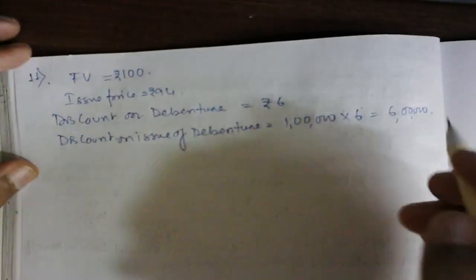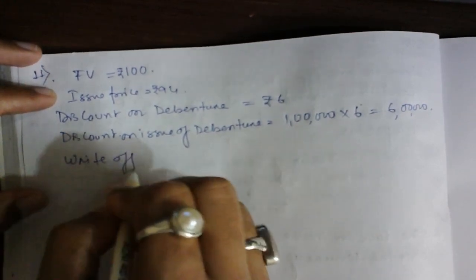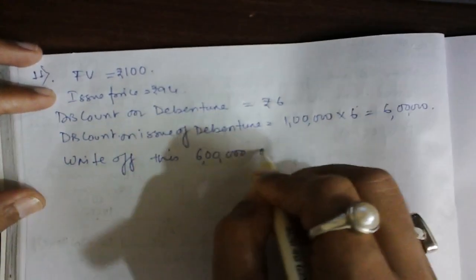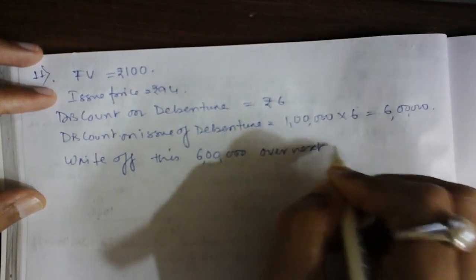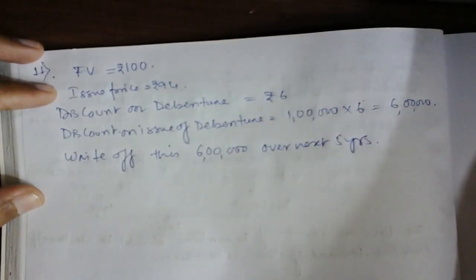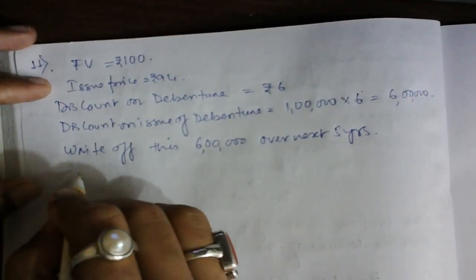Okay, so we have to write off these 6 lakh rupees over the next 5 years. Correct, over the next 5 years we need to write it off. Acha, one more important thing, debenture issued when?